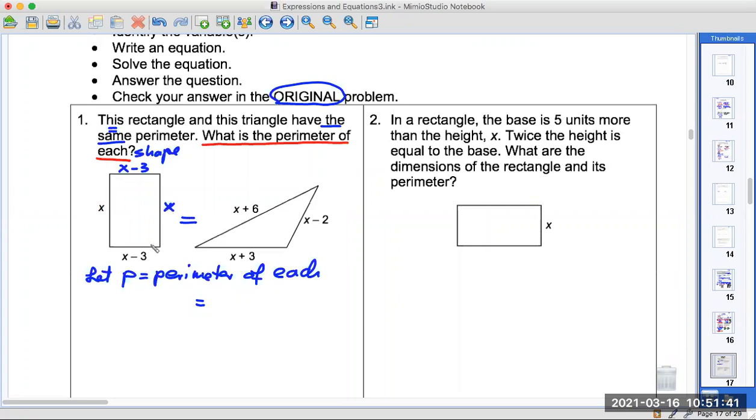So x plus x minus 3, that's actually 2x minus 3. 2 groups of x minus 3 can be written like that. And then over here, this triangle: x plus 6 plus x minus 2 plus x plus 3.